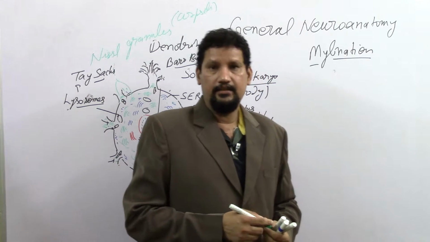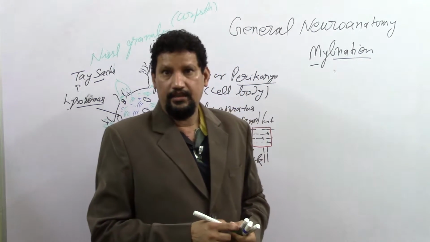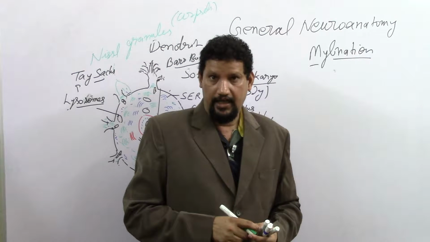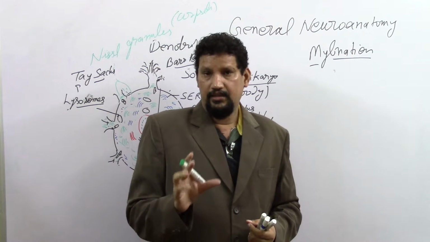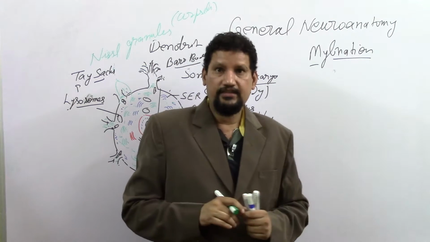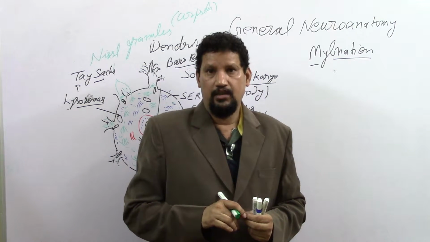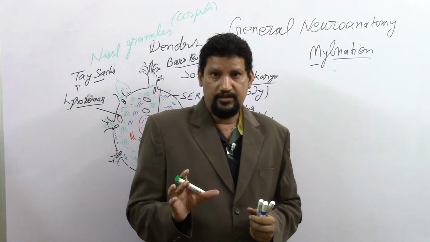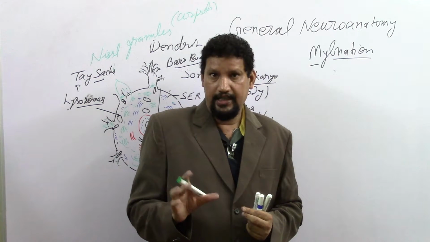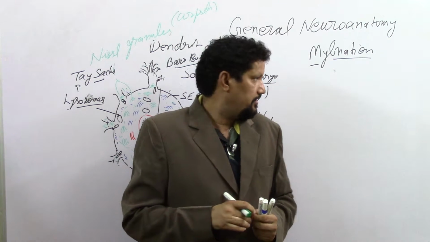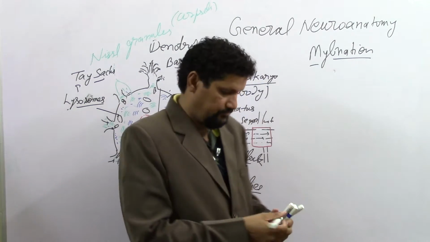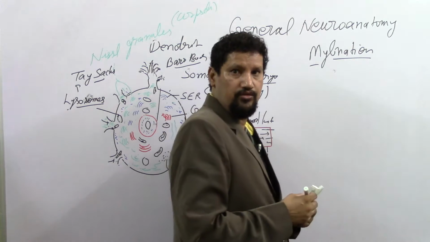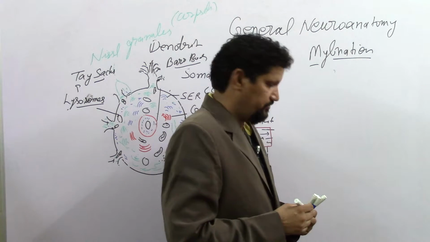One Schwann cell is dedicated to a single nerve fiber or axon, and it myelinates only one axon. In case of central nervous system, one oligodendrocyte or oligodendroglia myelinates many axons. Let me explain how the myelin sheath is formed.